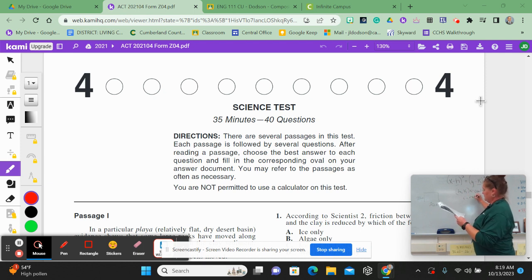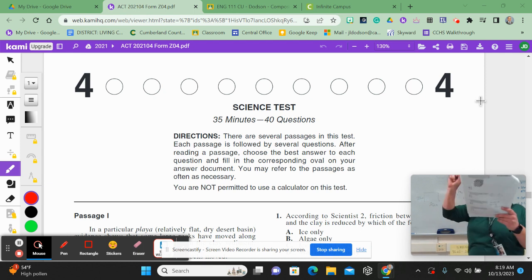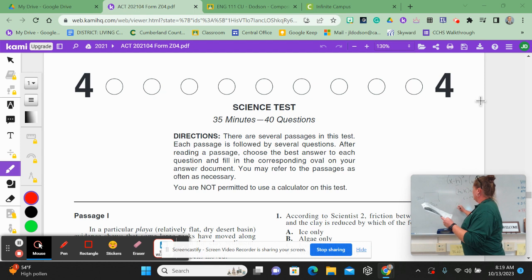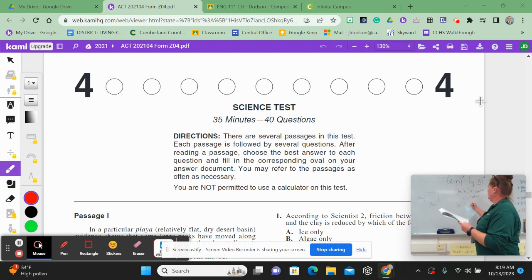It says the circle has a center of 8, 5, and a radius of 9. So looking down through there, the easiest part, R squared is what? 9 squared, 81. So I can automatically get rid of G and J. If that's all you know, you've got rid of 2 answers.